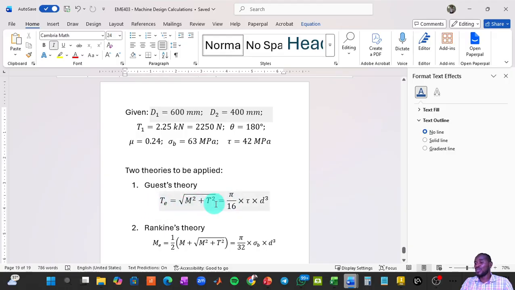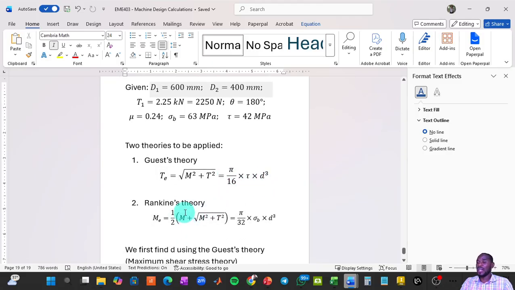Once we do that and we're able to find the value of D, when we come to Rankine's theory, it's going to be straightforward, because we would have known what M is and would have evaluated this already. Then pi is a number, 32 is a number. We are given sigma B, and then we are going to find D cubed thereafter. So follow me very carefully as I think through the problem.